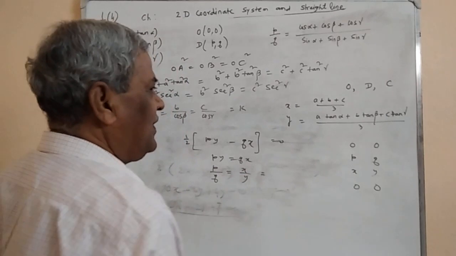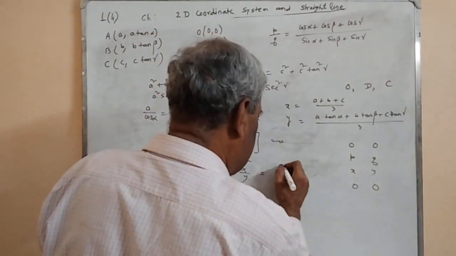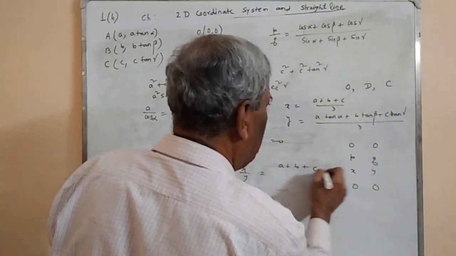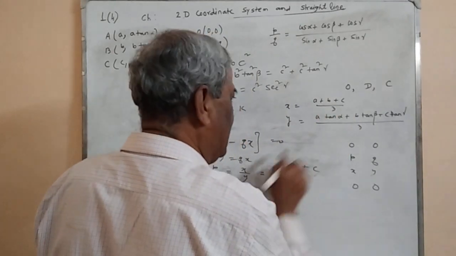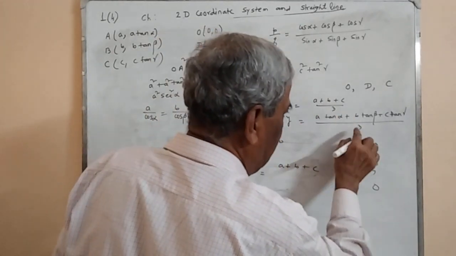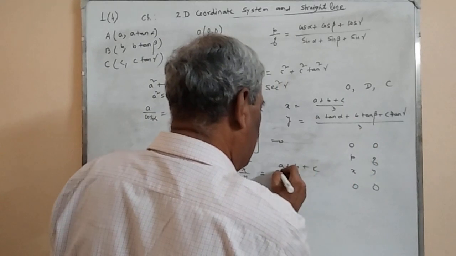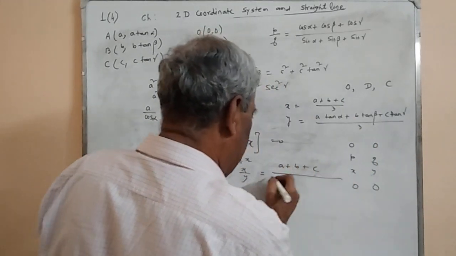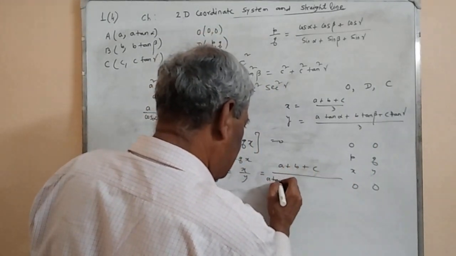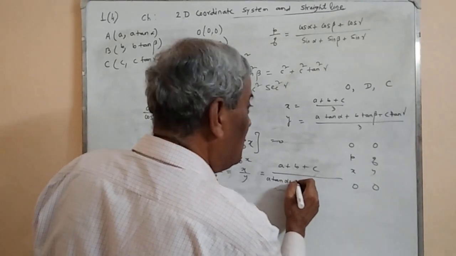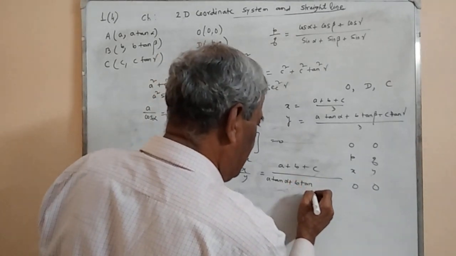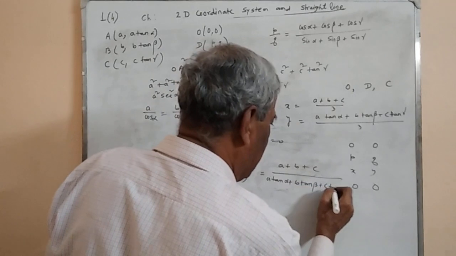So x is A plus B plus C by 3, and y also contains 3 in the denominator, they will balance. A tan alpha plus B tan beta plus C tan gamma.